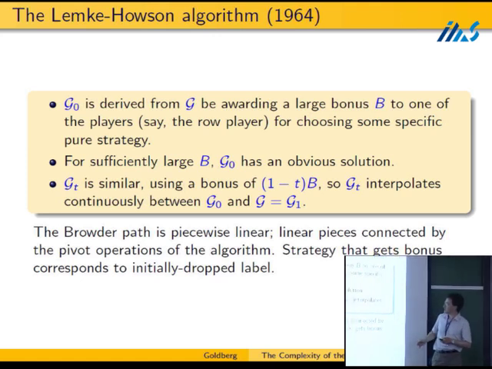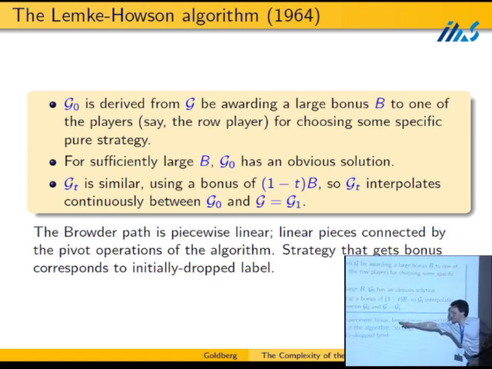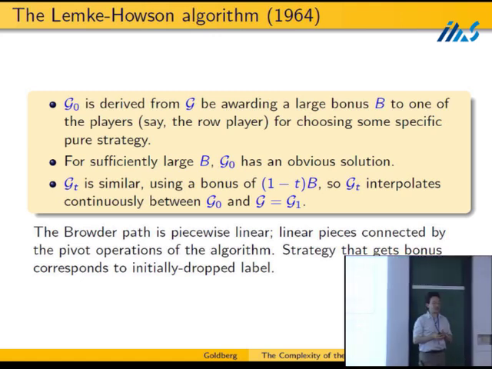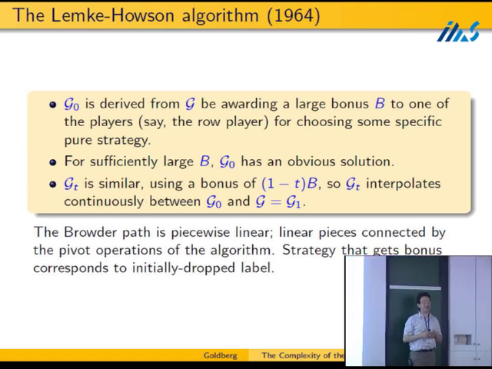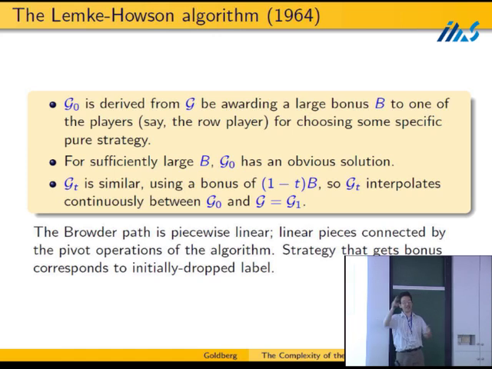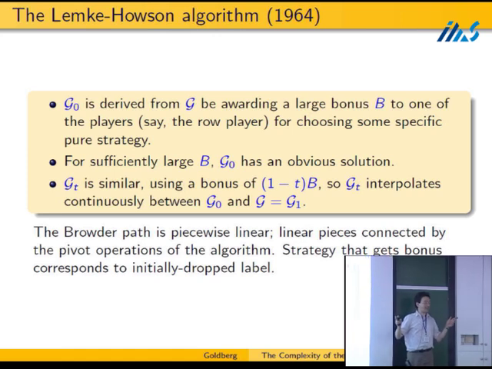The path that we end up following, this Browder path, turns out to be piecewise linear, and the pieces are connected to each other via the pivot operations that the Lemke-Howson algorithm performs. So the Lemke-Howson algorithm is in fact a homotopy approach.